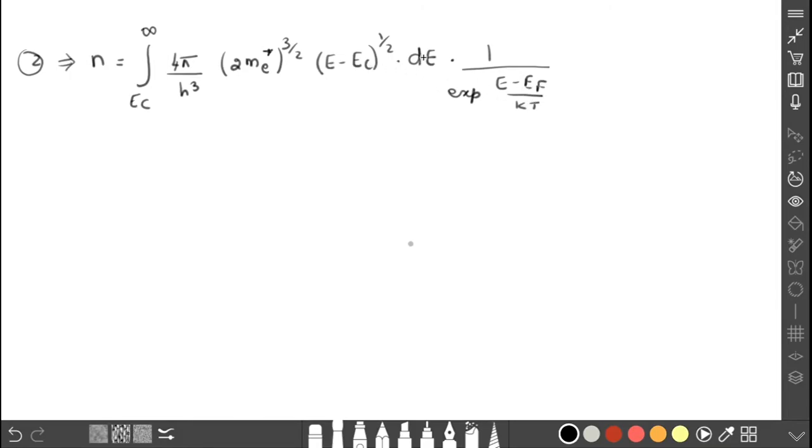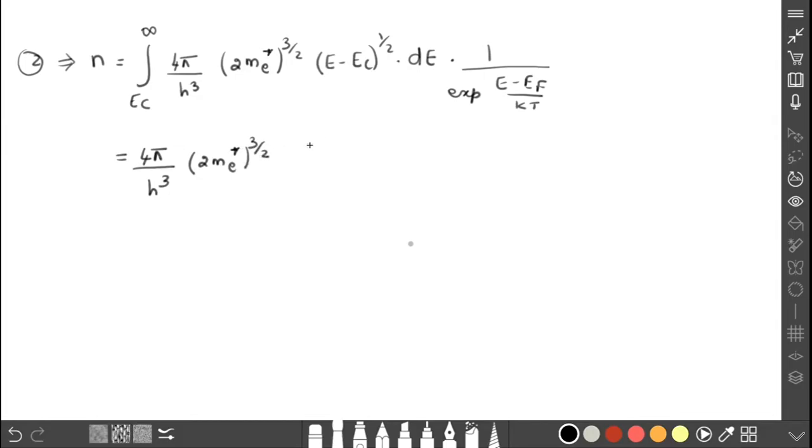Now this dE derivative part I am going to write at the last of this expression, and whatever constants are present over here, I am going to take out of this integration part. So what are the constants? 4 pi divided by h cube is a constant, and 2m E star whole to the power of 3 by 2 is also a constant.